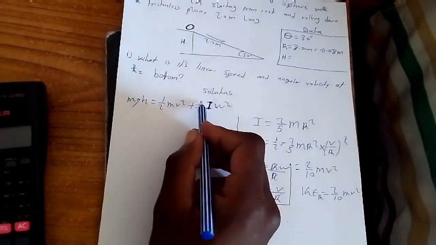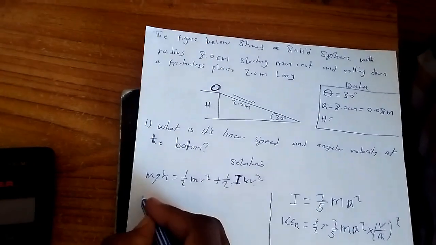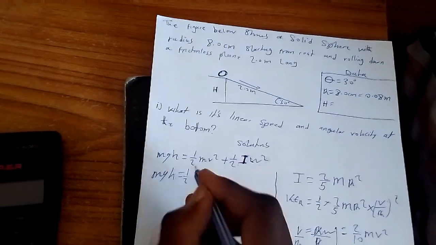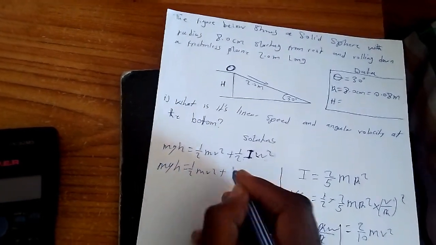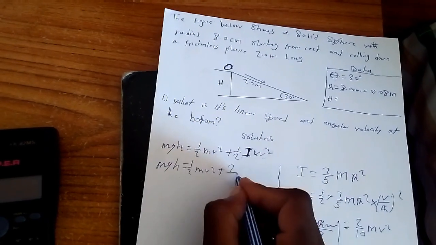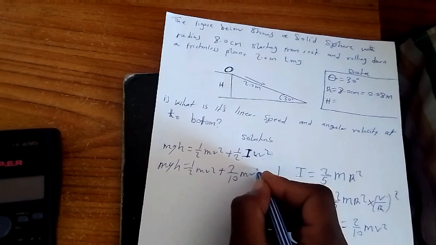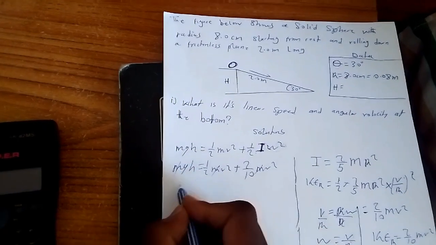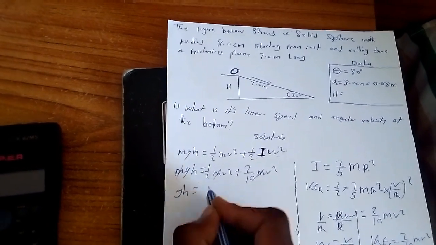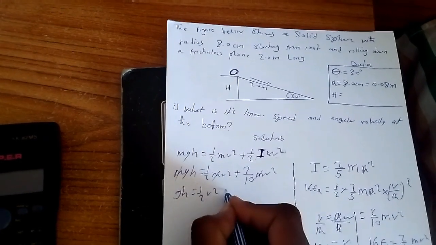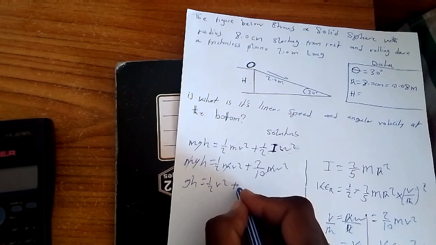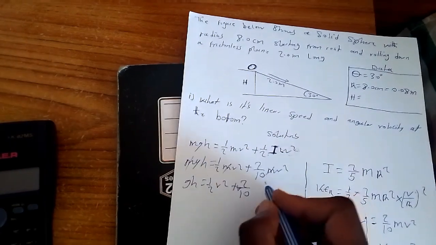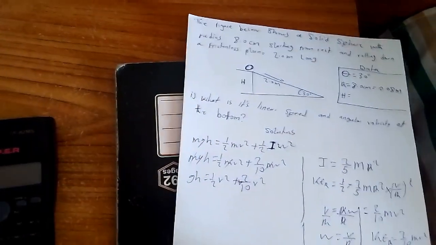So this is what we are going to replace here, so that we have mgh is equal to half mv squared plus 2 over 10 mv squared. The mass will cancel, then we remain with gh is equal to half v squared plus 2 over 10 v squared.